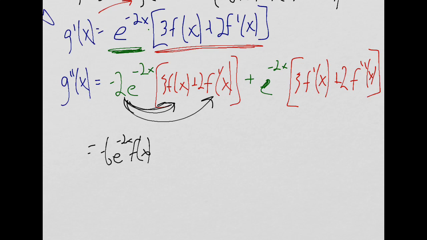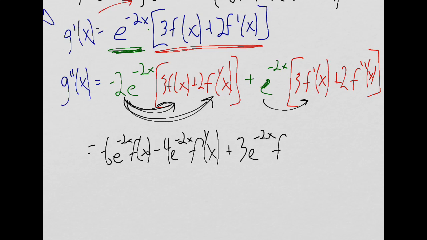And then this product is minus 4e to the negative 2x times f prime of x. And then this product is equal to plus 3e to the negative 2x times f prime of x. Notice these two are going to be able to be combined in a little bit.